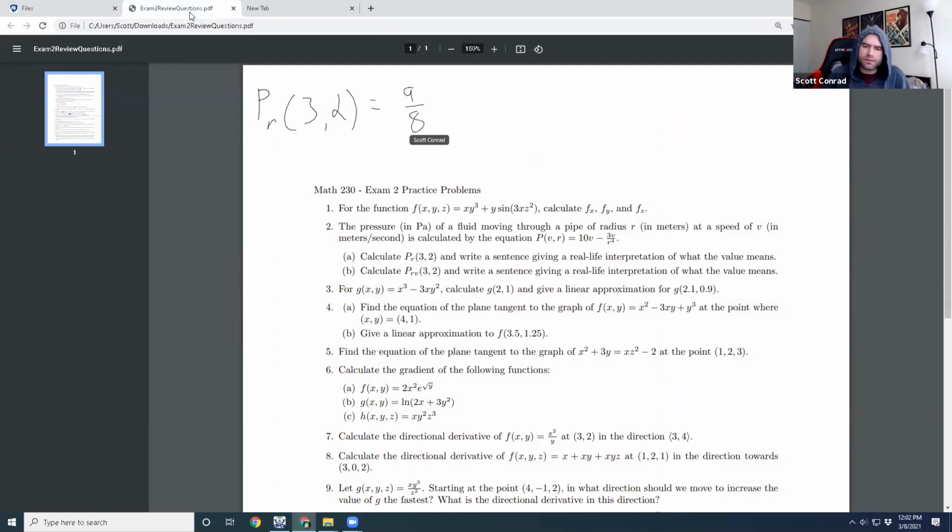Okay, so that basically means, so the partial with respect to r.